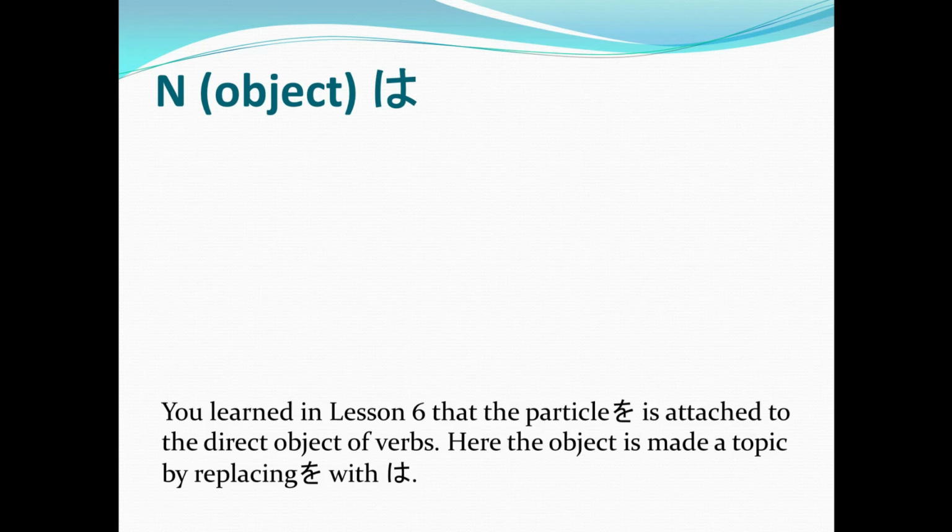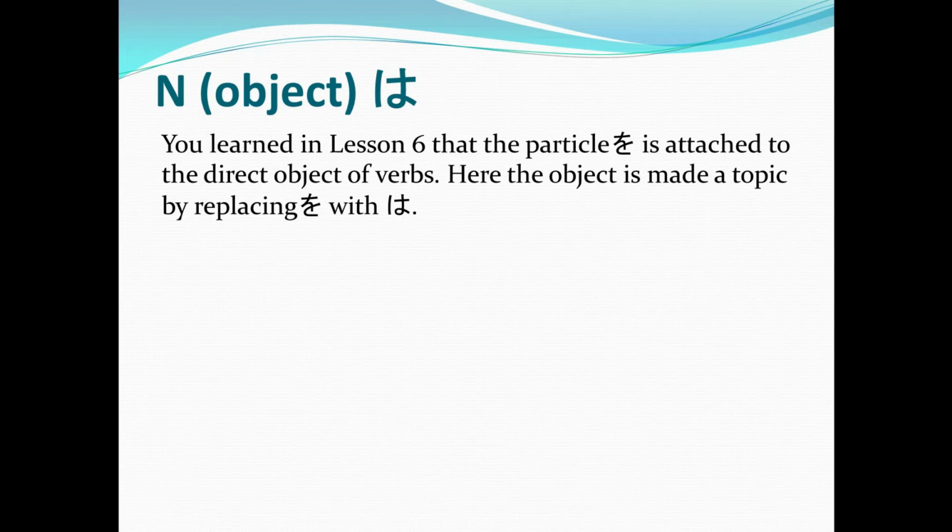Now, let's discuss noun, which is an object, wa. I know I've taught you in lesson 6 that the particle o is attached to the direct object of verbs. However, here, the object is made as a topic by replacing o with wa. Listen to the example.